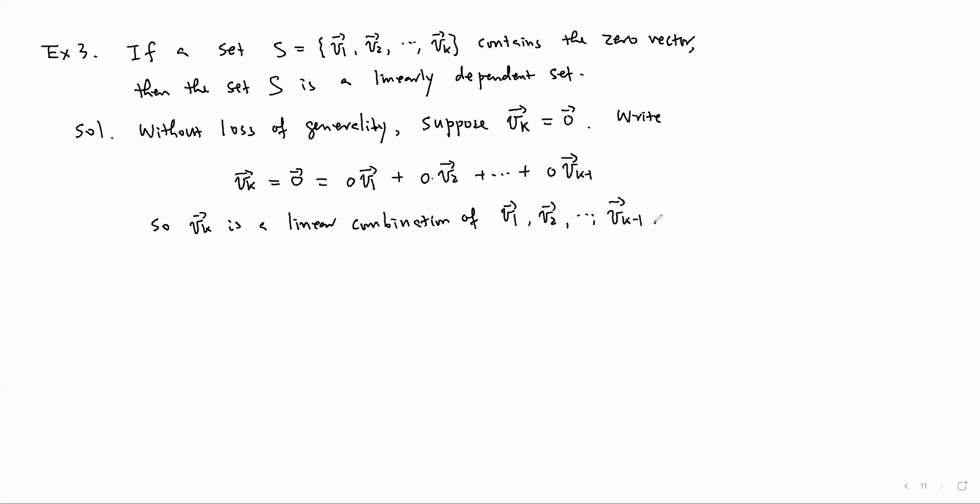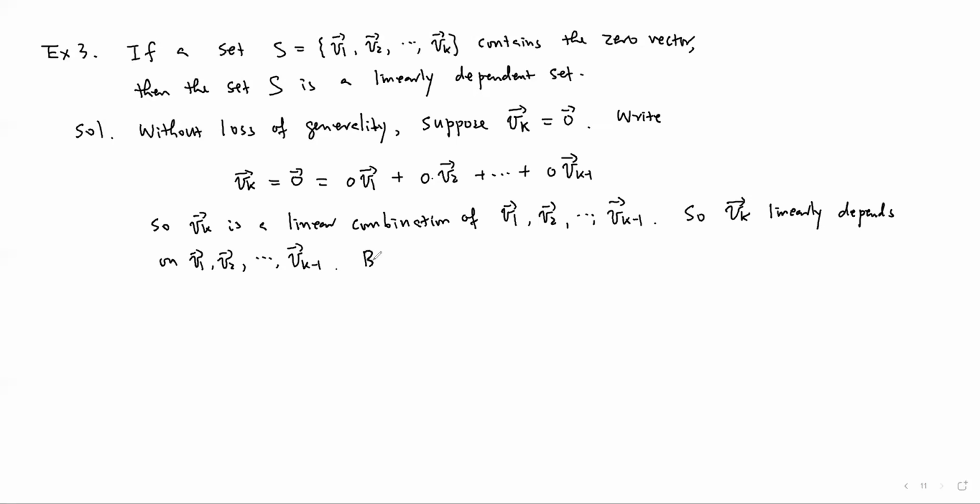When a vector is a linear combination of the other vectors, by definition, we say that the vector linearly depends on the other vectors. So Vk linearly depends on V1, V2, to Vk minus 1.